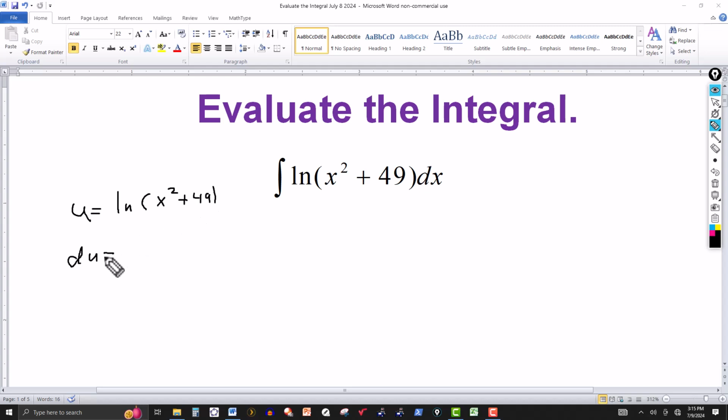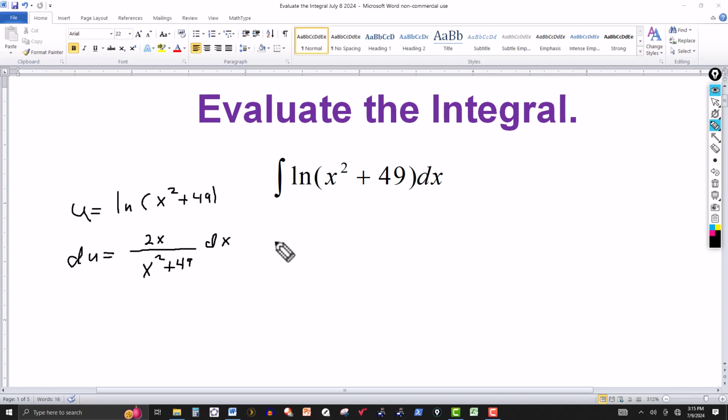Then du will simply be the derivative of the natural log function, which is always the derivative of the argument, which is 2x. The derivative of the constant 49 is 0, and it's always over whatever that expression is, in this case, x squared plus 49, and that's your dx here.